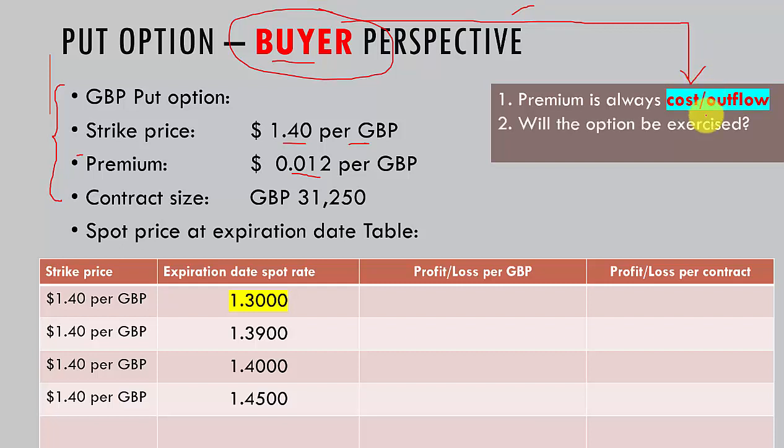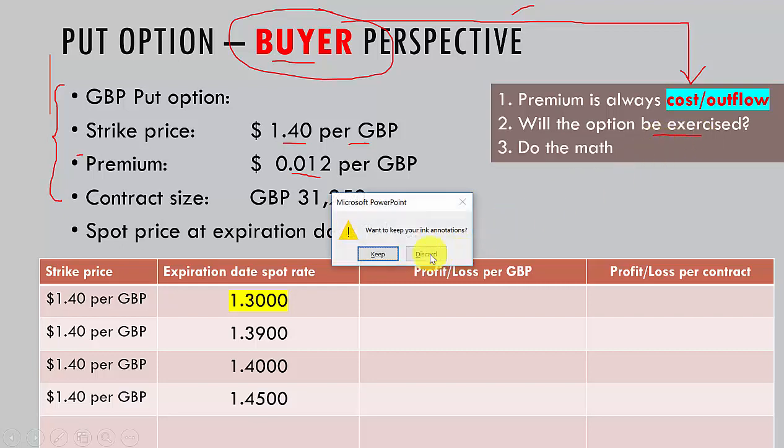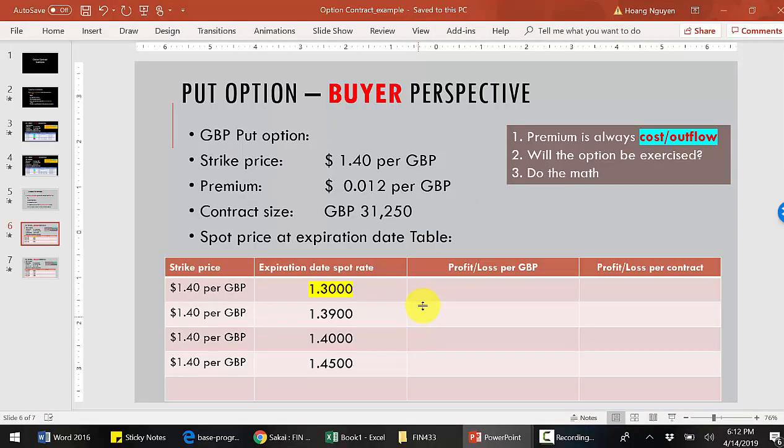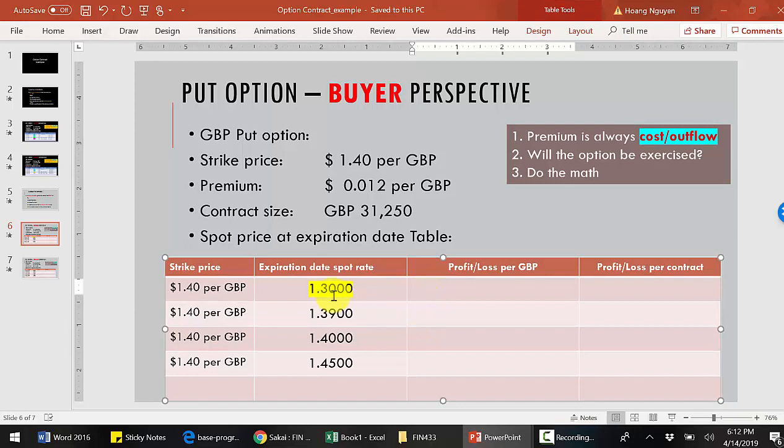Second, you always have to answer the question whether this option contract is exercised or not. After that, you can do the math. So, first of all, under this scenario, always for the buyer, we put the premium as a cost, which is negative 0.012.